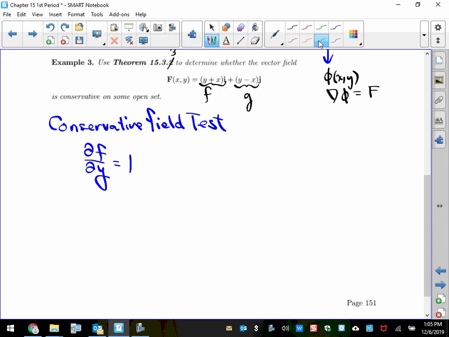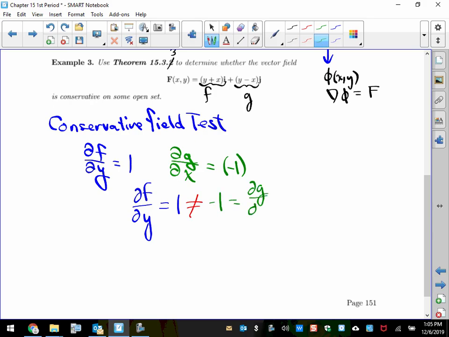And then we'll check the y component function, which is g, with respect to x, which is going to be -1. Determine whether the field is conservative. And here we see that the partials are not equal. So we have that the partial of f with respect to y, which is 1, is not equal to -1, which is the partial of g with respect to x.